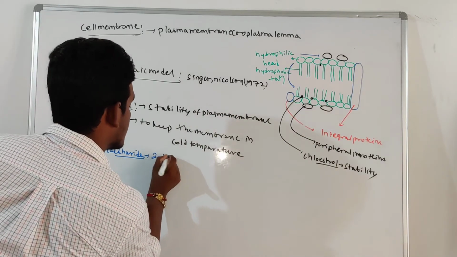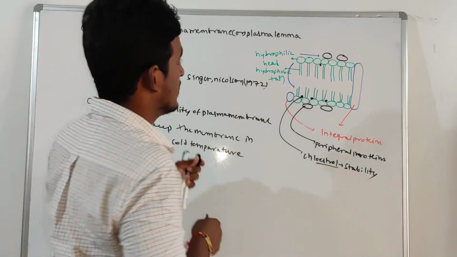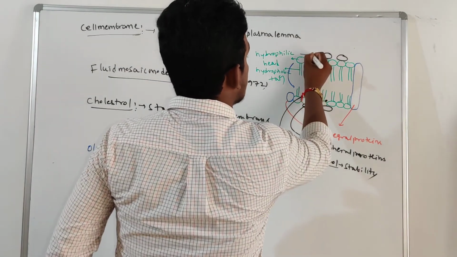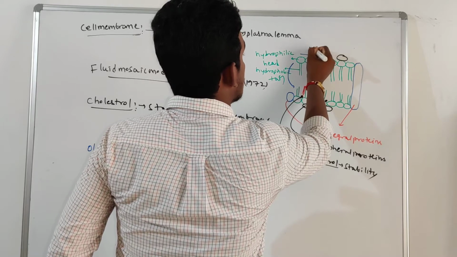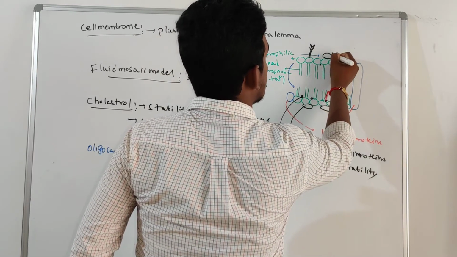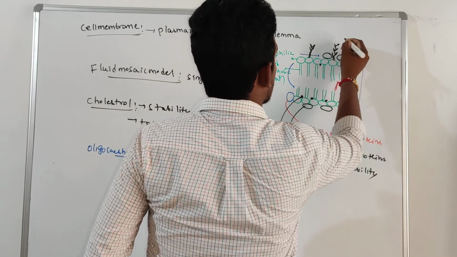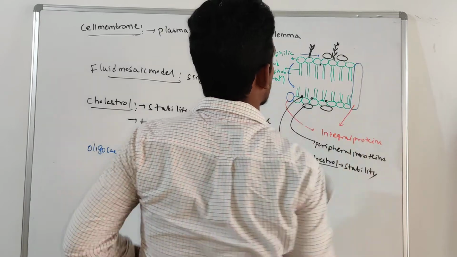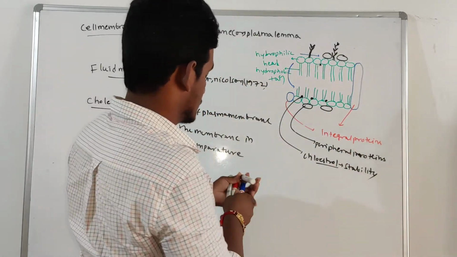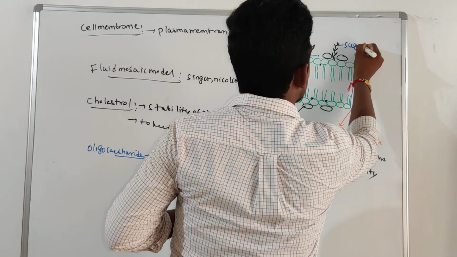Here 2 to 5% of carbohydrates are present. These are oligosaccharides, which are carbohydrate molecules, sugar molecules.